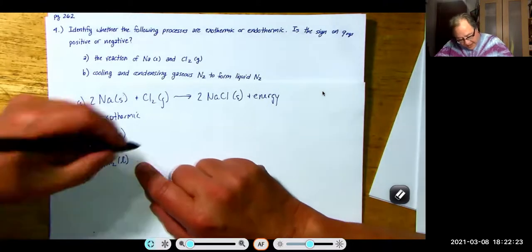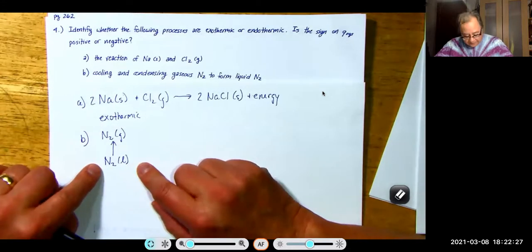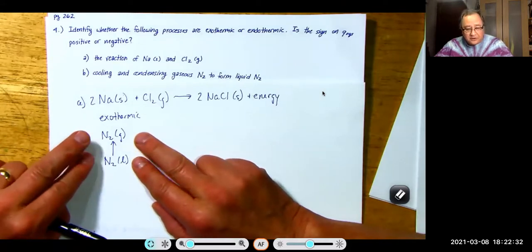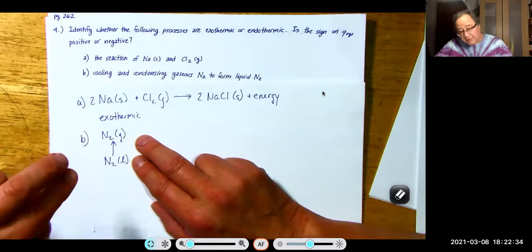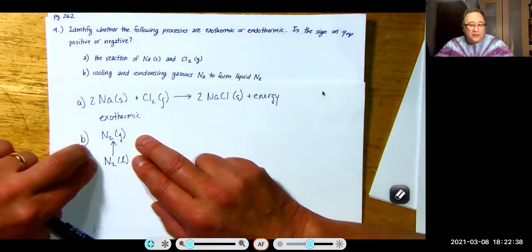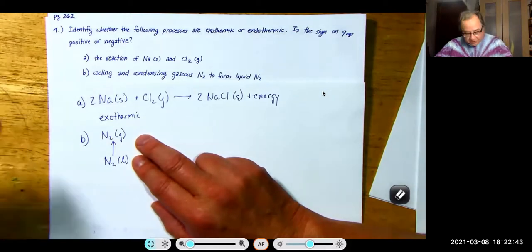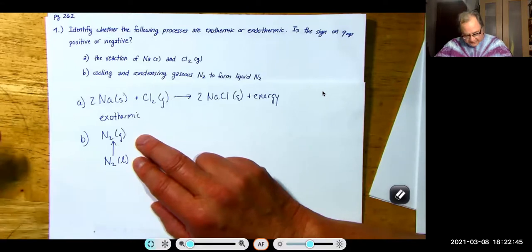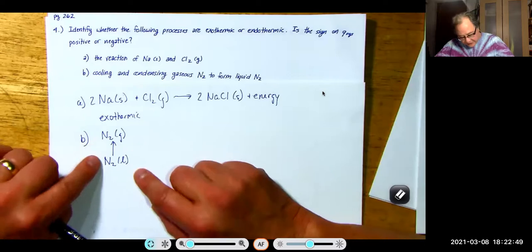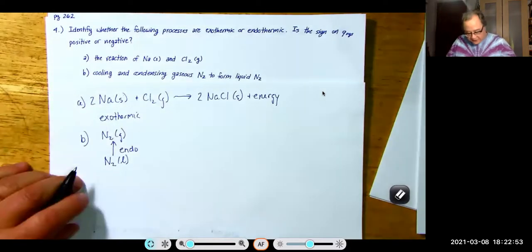You have to add energy to take a liquid and turn it into a gas. Now, this is a weird problem because we all know that nitrogen is a gas at room temperature, but it's a gas at room temperature because room temperature is so high. If it were colder, it would be a liquid. So you actually have to warm liquid nitrogen to turn it into a gas. So this process is endothermic because you have to put energy into the liquid nitrogen.